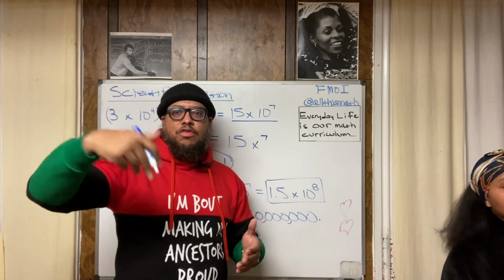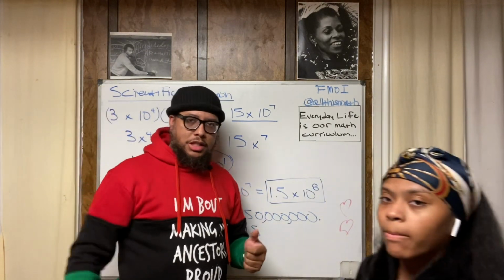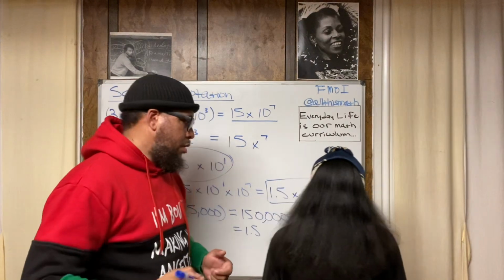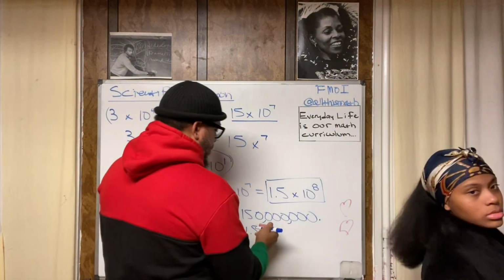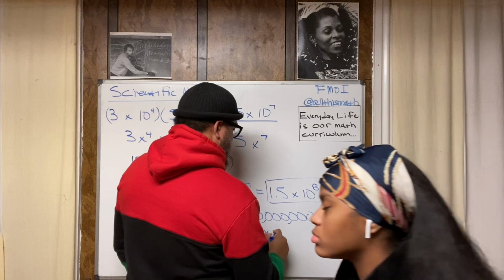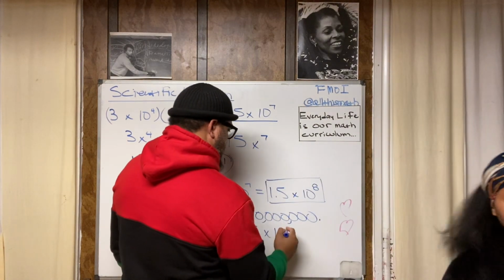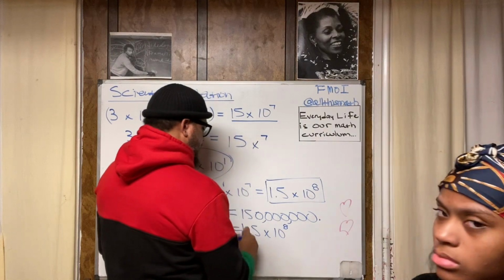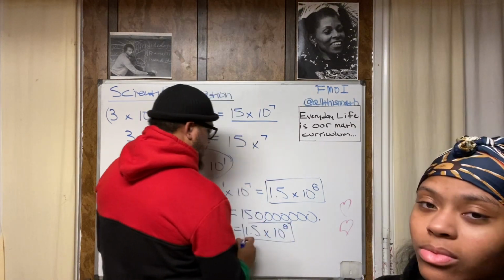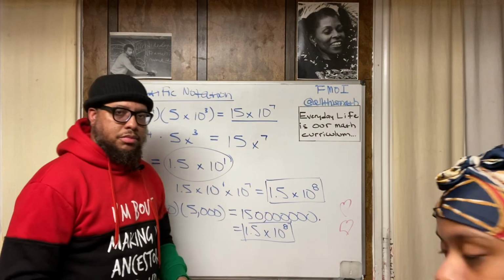We got other videos on the channel, a whole playlist on scientific notation. Check that playlist for more clarity on this. So 1.5 times 10 to the 8th. That's another way to get it.